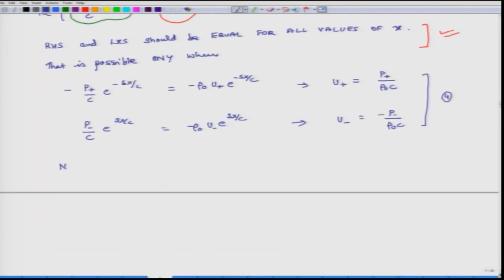Now what we do is we put equation 4 in equation 2.